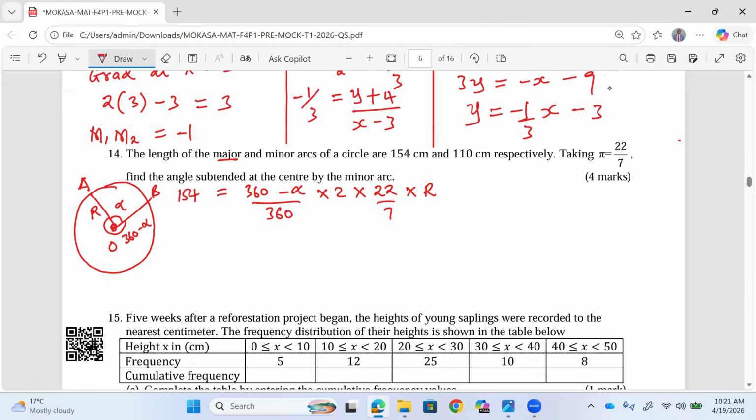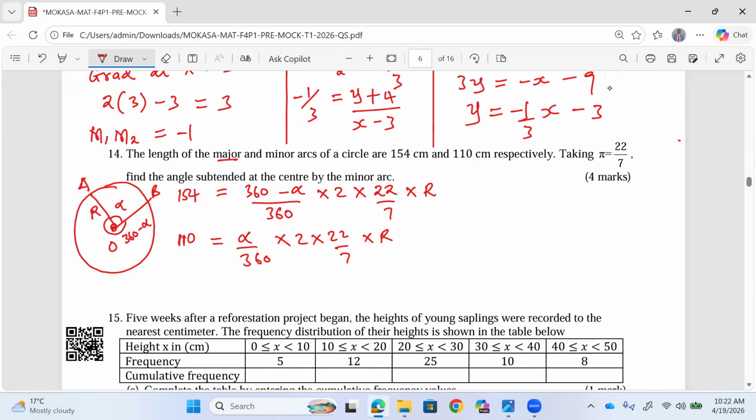That is equation 1. Equation 2: 110 equals the angle at the center over 360 times 2 times pi times radius.